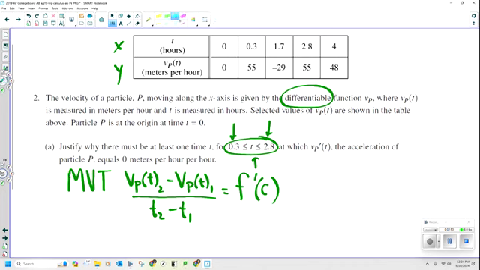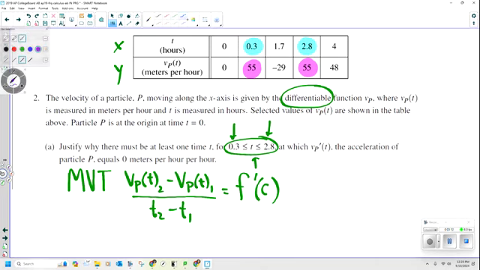Okay, so we're going from 0.3 to 2.8. Those are our x values. And here are the y values. Well, I can see right now my change in y from 55 to 55 is 0.